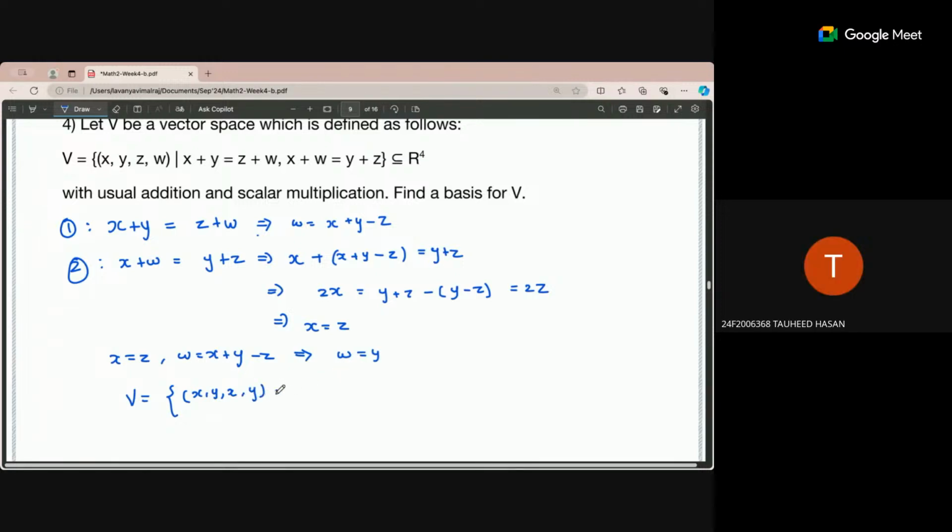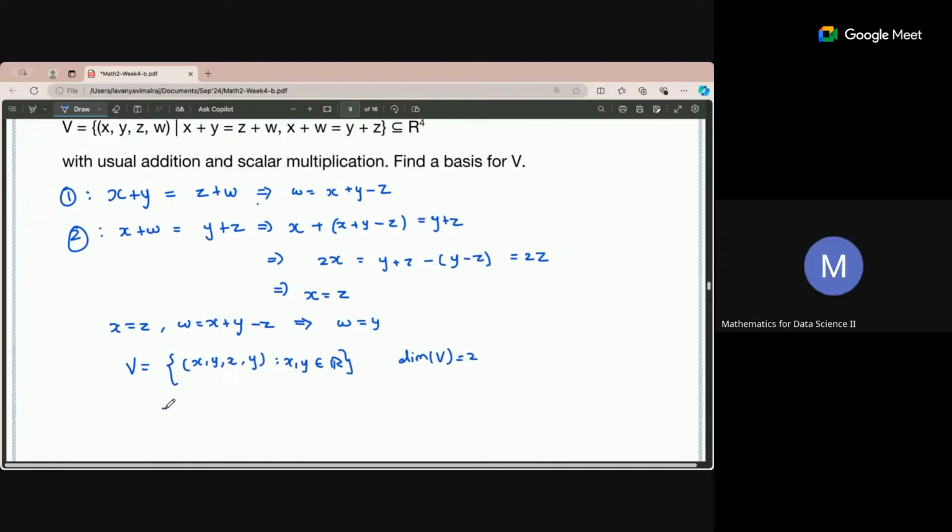Can you tell what the dimension is? 2. And the basis is x times (1, 0, 1, 0) plus y times (0, 1, 0, 1). So these two vectors form a basis for V.